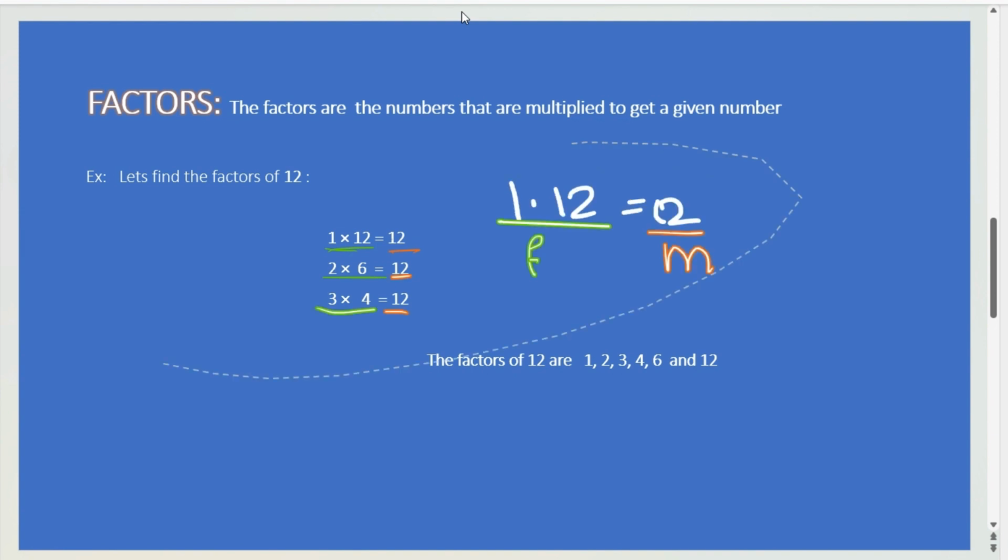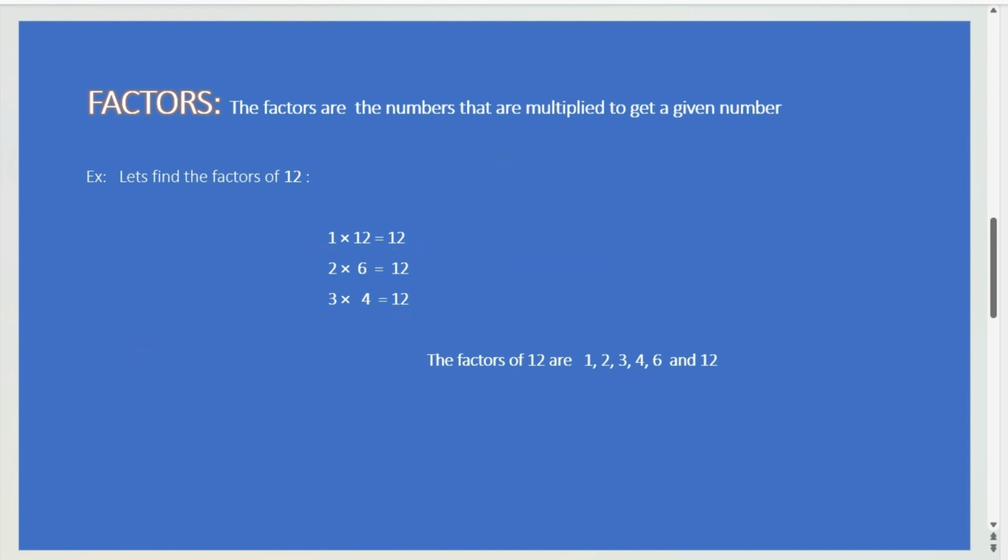And so the way to find that, I like to make a rainbow. Put 1 and then a 12 at the side, and then see if I can divide by 2, which I can, and then it's going to be 6. 12 can be divided by 3, and then 4.